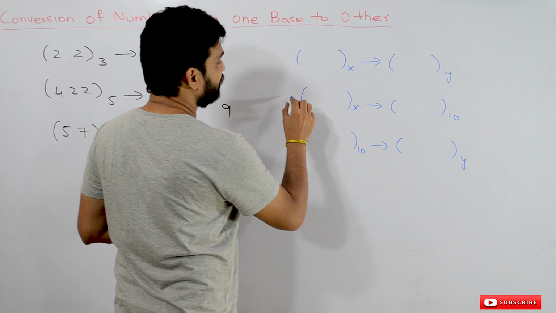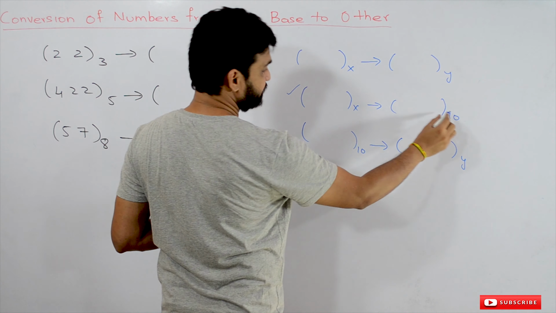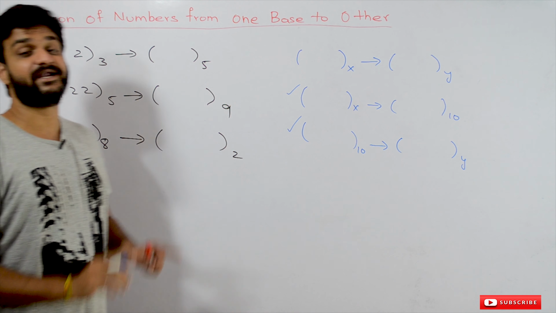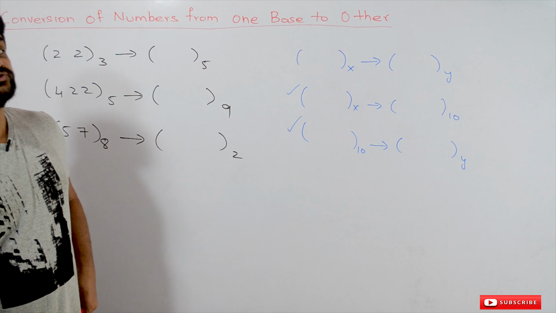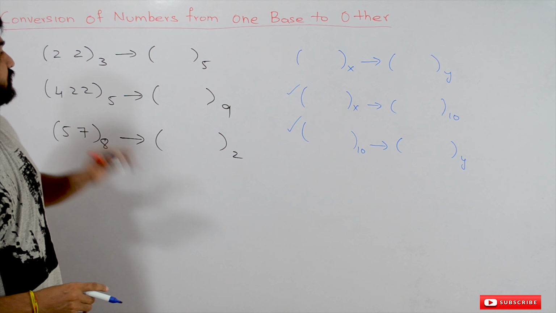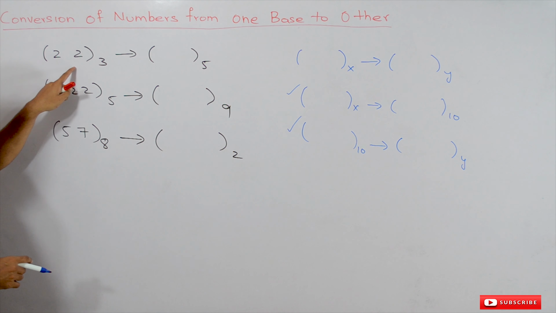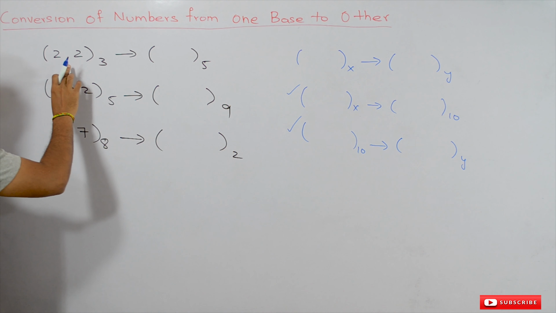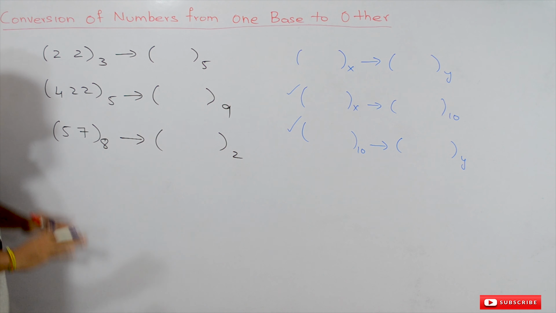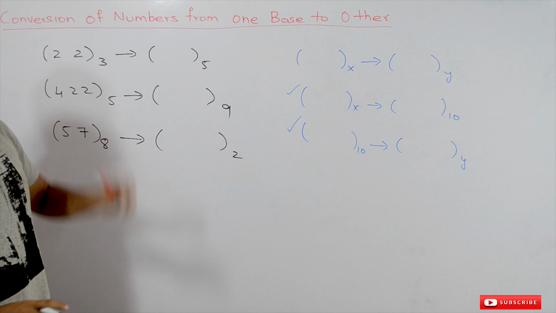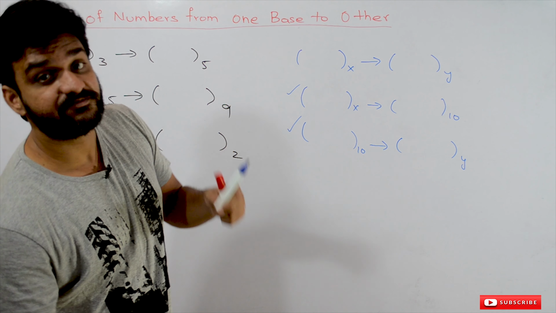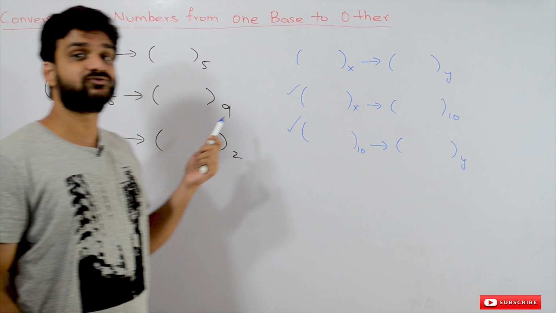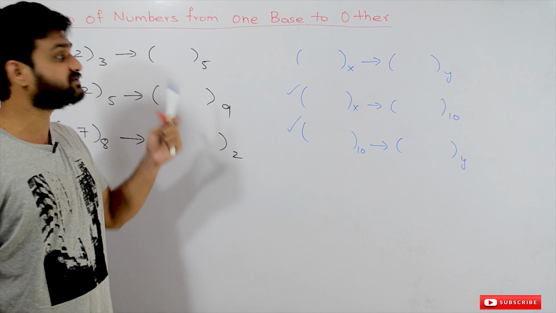How to convert base x to base 10 and from base 10 to base y has been clearly explained in our previous videos. Now in this video we will solve problems converting numbers between two different bases, based on the concepts we have already discussed.